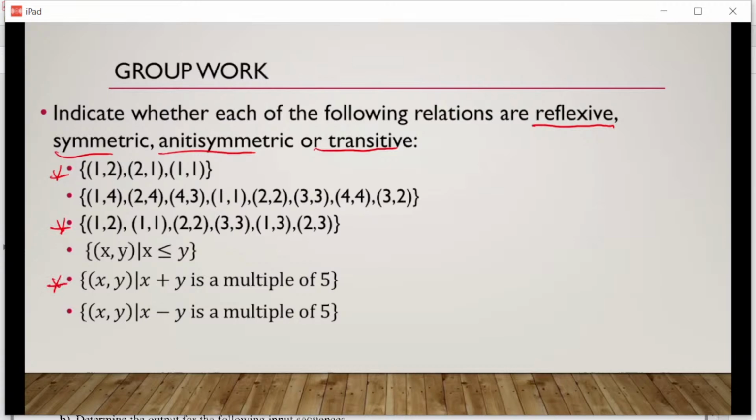We only have 3 minutes, so 1 minute per. Try those 3. Identify if they're reflexive, symmetric, antisymmetric, or transitive. I'm not telling you what the underlying set is, so just assume it's the characters here. Here you only have 1s and 2s to work with. Here you have 1s, 2s, and 3s. Here it's any integer, it looks like. So that's it.